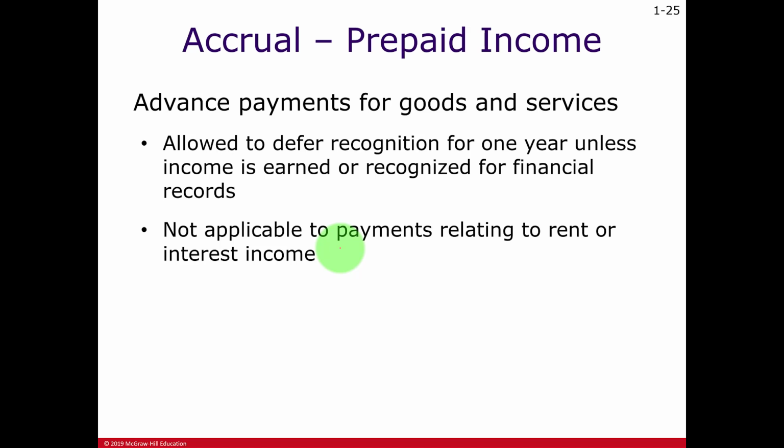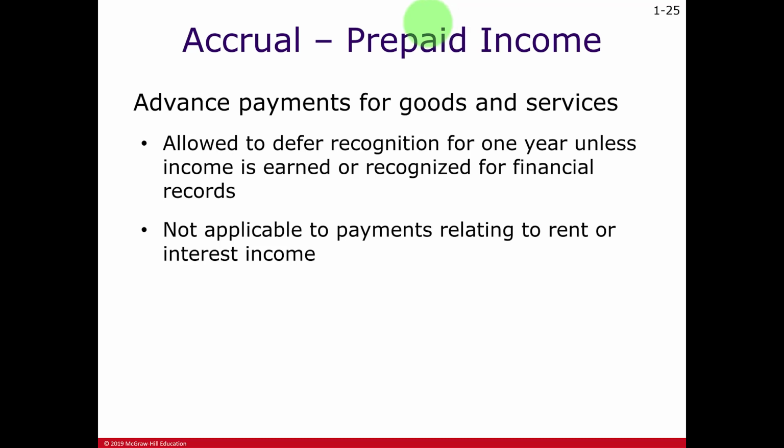So we've talked about amounts received that are prepaid before doing the work. The general rule was that you cannot defer, you cannot postpone the amount you receive in advance. You have to pay taxes on it. But what's a rule without an exception? So here's the exception.